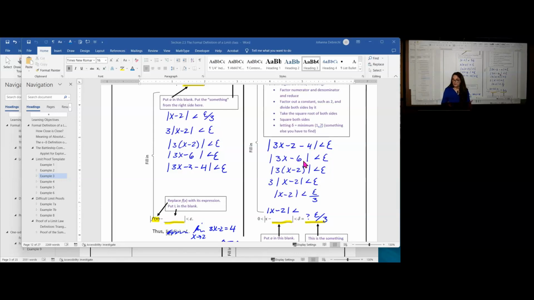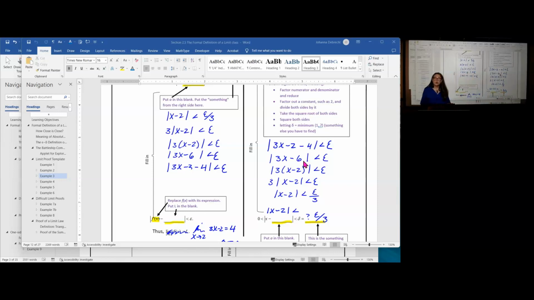We note that we can factor out a 3, and if we factor out a 3, then we will get our x minus 2. We take the 3 out of the binomial and then out of the absolute value. We divide both sides by positive 3, and we get that delta should be no larger than epsilon over 3.